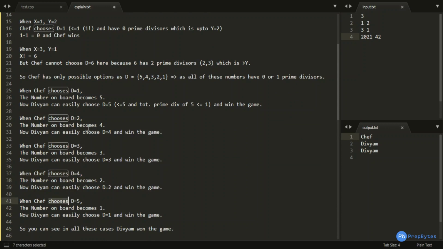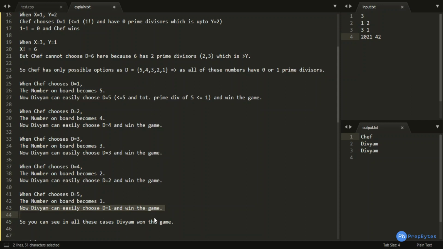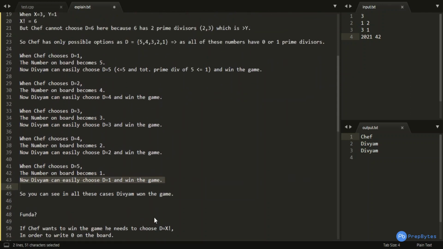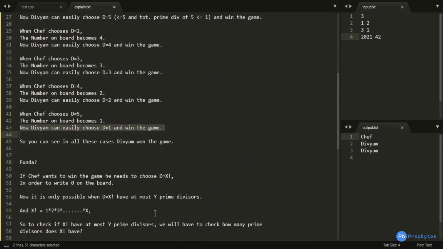Because in these cases the number on the board will come out to be 3, 2, or 1, and Divyam can easily choose d equal to 3, 2, or 1 and thus win the game. So we can see that in all these cases chef can never win, and Divyam won the game in all possible cases. So what would be our approach to solve this particular problem?